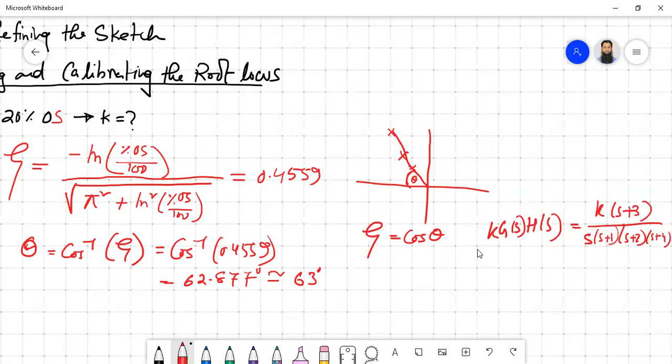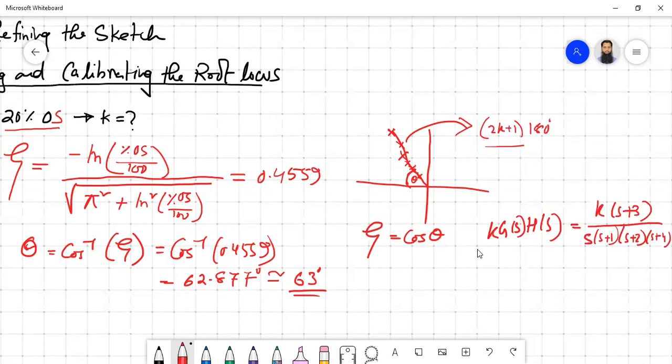Now they are saying you have to figure out a point that will give you 20% overshoot. That means along this angle of 63 degrees, we have to check the points one by one, for which point the summation of the zero angles minus the pole angles becomes an odd multiple of 180 degrees.